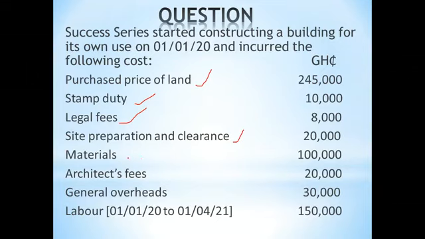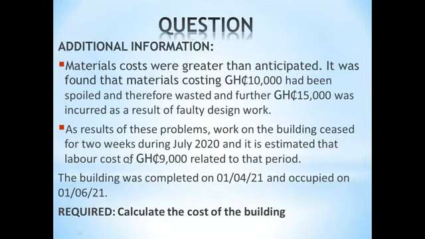Materials. So let's look at the additional information. We're told that material costs were greater than anticipated. It was later found that materials costing 10,000 were wasted, and then a further 15,000 was for faulty design works.